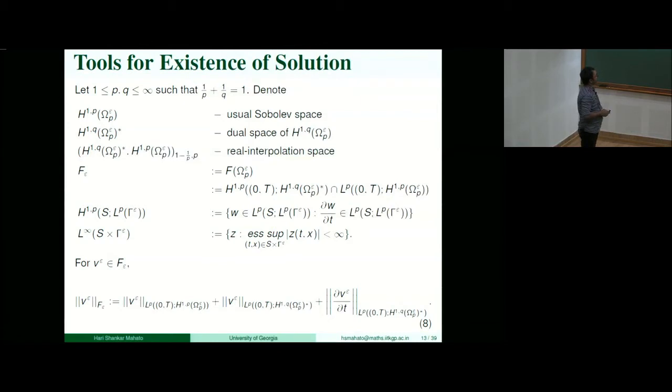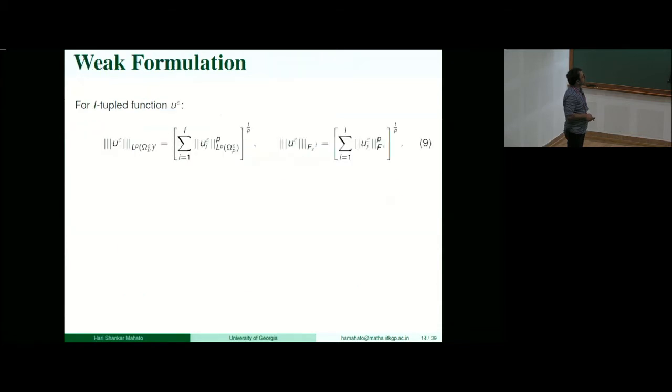And this one is the real interpolation space based on which I defined my solution space. The norm on this space will be defined in this fashion. Since we are dealing with a vector u_ε, which is the vector of concentrations of all the chemical species, we also have to define the norm on this I-tupled or vector-valued function space.